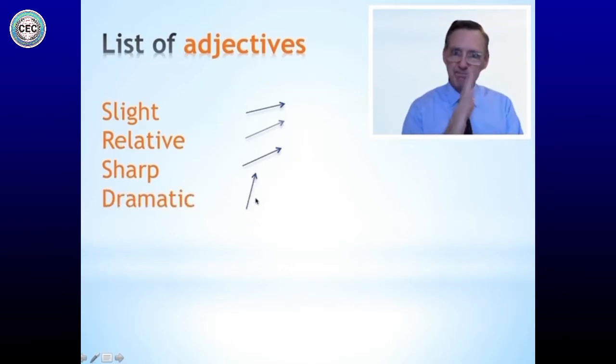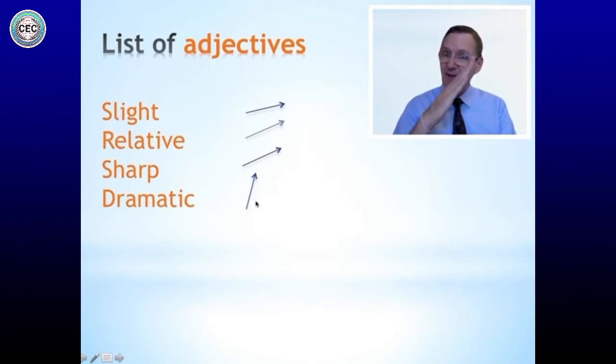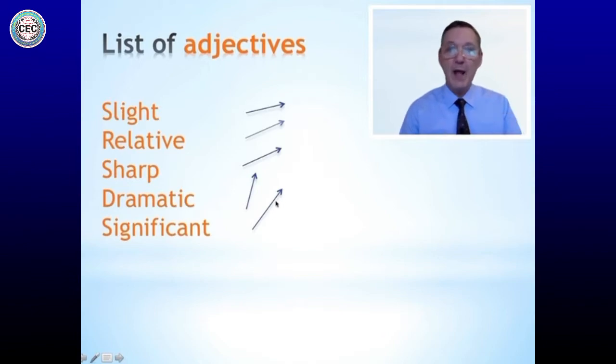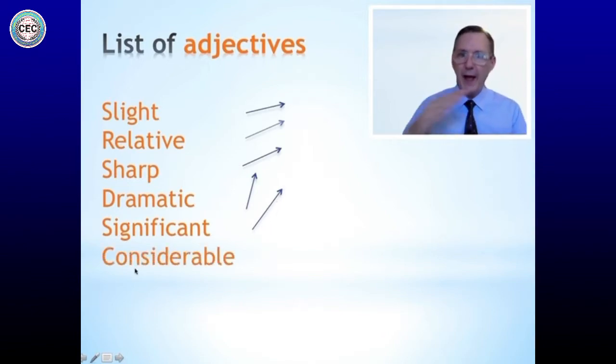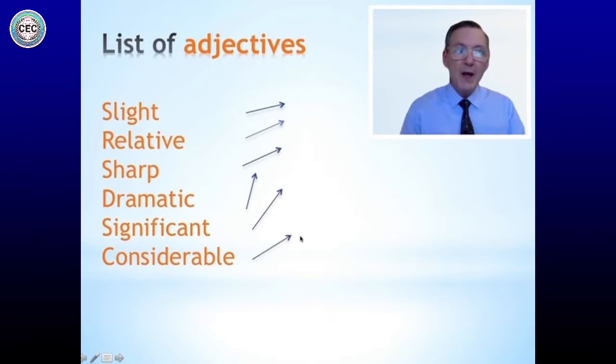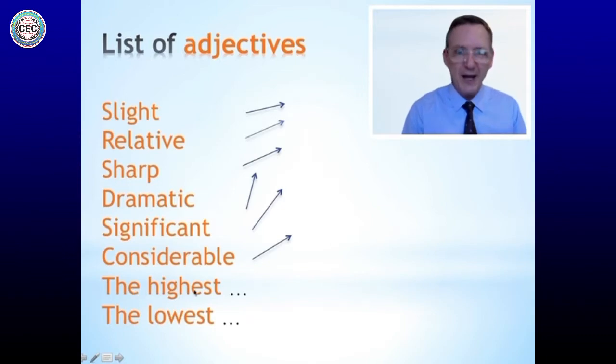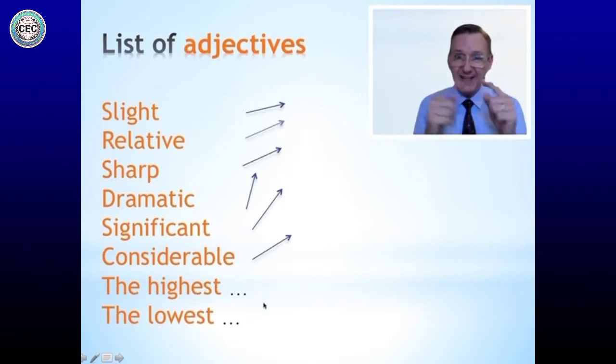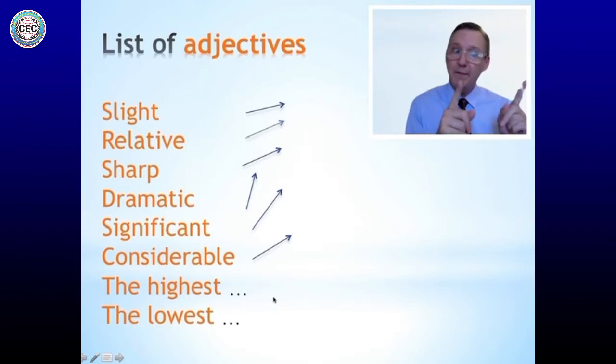Dramatic. Significant, this one is usually a little bit longer though. And the last one, do you remember? The 6th? Considerable. You can also use the highest and the lowest, but we'll talk about those adjectives in another class. Try to connect the line with the word.